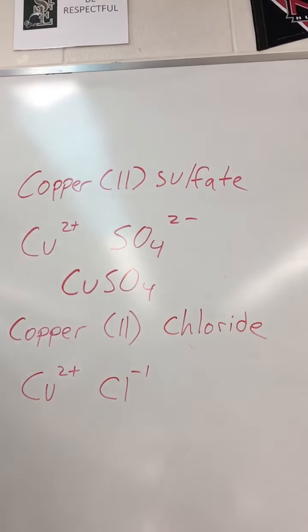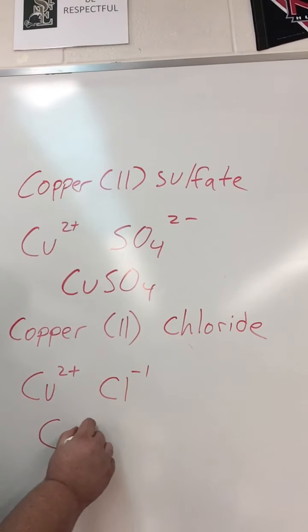Well, you look at the periodic table, and chlorine is in group 7. It has 7 valence electrons, so it's going to take on 1 additional electron in an ionic system in order to have a full octet, in order to have 8 outer electrons. So copper forms +2, chlorine forms -1, so my chemical formula is CuCl2.